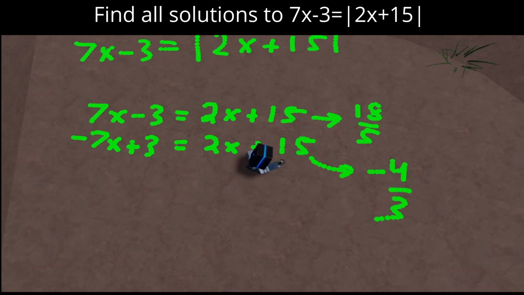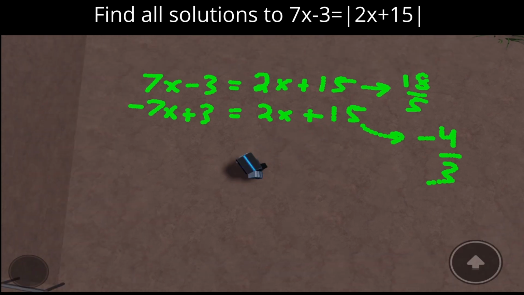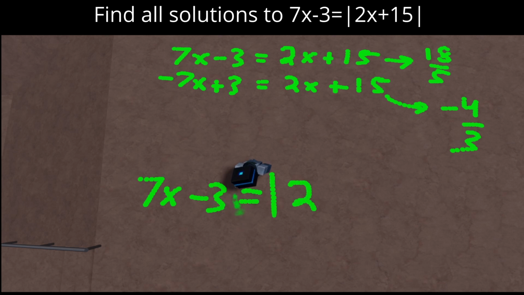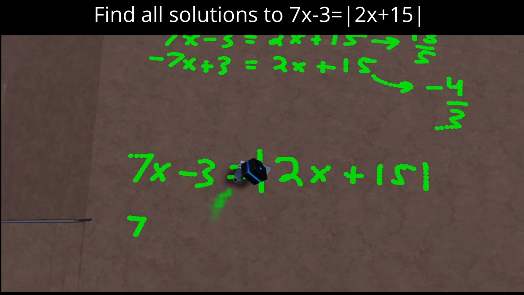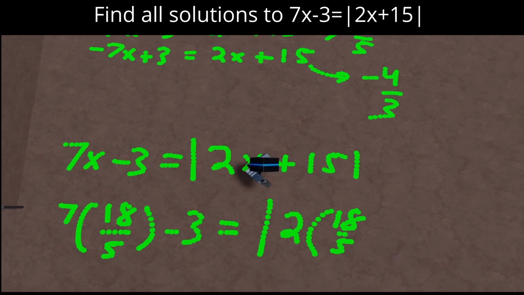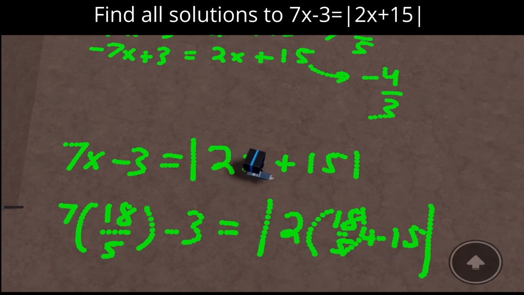So now let's verify the 18 fifths solution first. To verify that, let me write the initial equation. We have 7x minus 3 is equal to the absolute value of 2x plus 15. So just put in 18 fifths to check your solution. I'll have 7 times 18 fifths minus 3 is equal to 2 times 18 fifths plus 15 in absolute value.